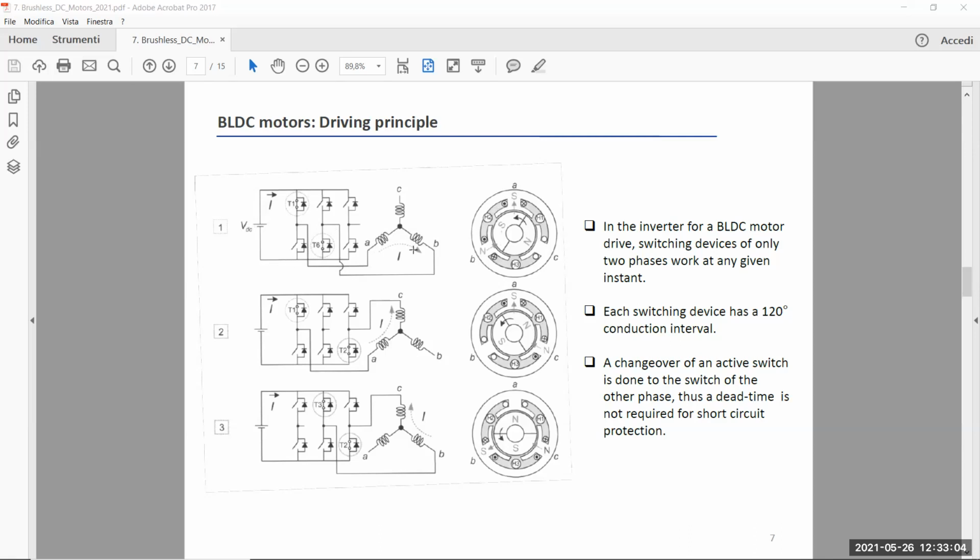The current I flowing through the 2 phases, A and B, is the same current that flows through the supply, the same current flowing through the transistor T1, etc., transistor T6, returning to the leg.